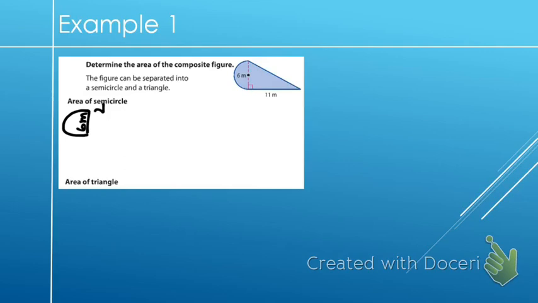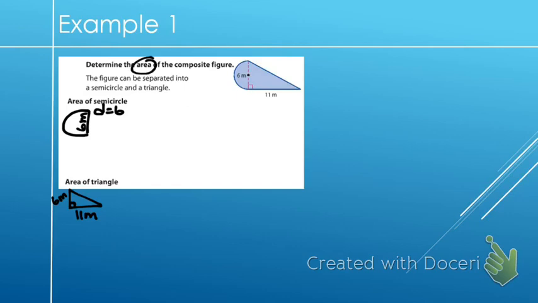And our other shape is our triangle. On our triangle we know our base is 11 meters, and our height is 6 meters.